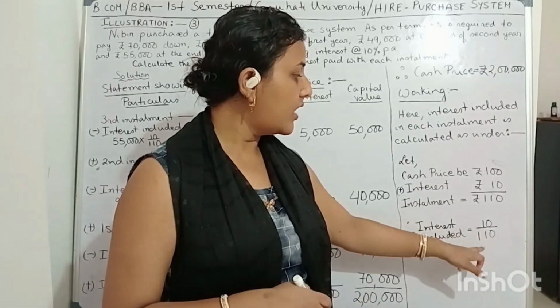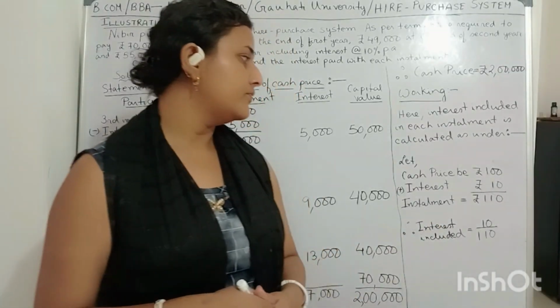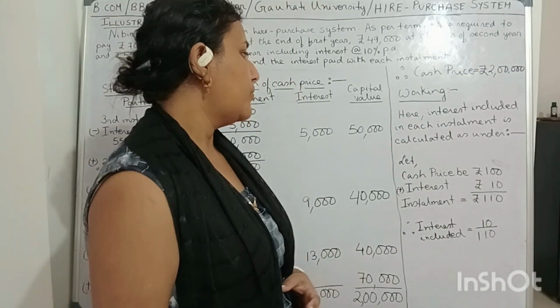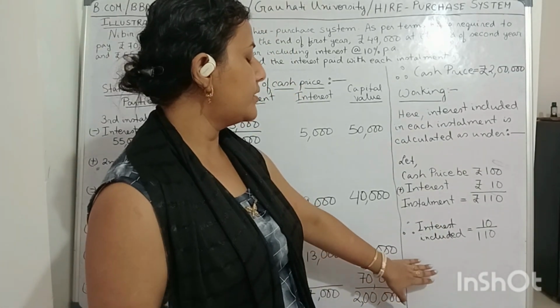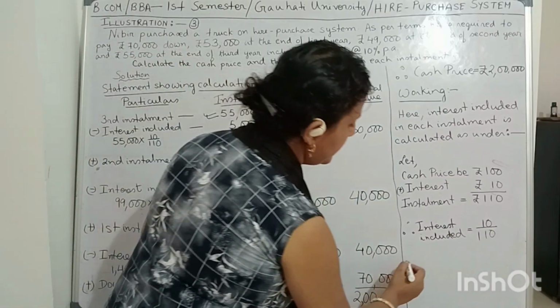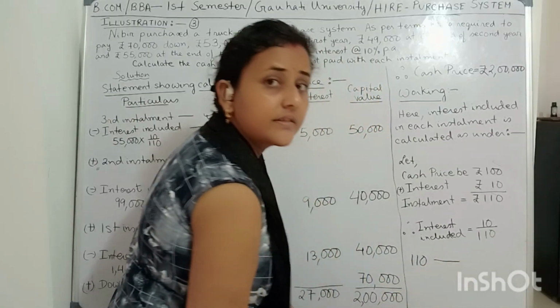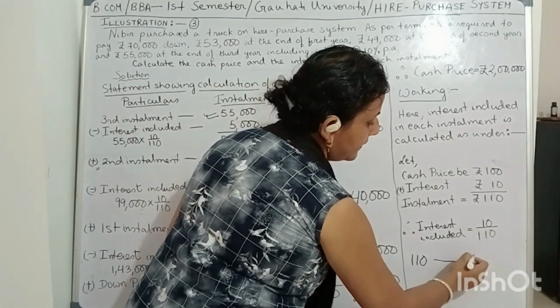It is 10 out of 110. Or you can say that when the installment is 110, the interest is 10.